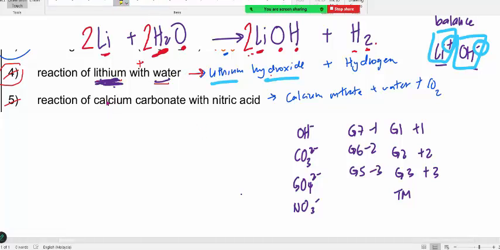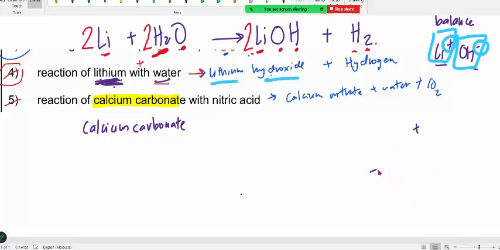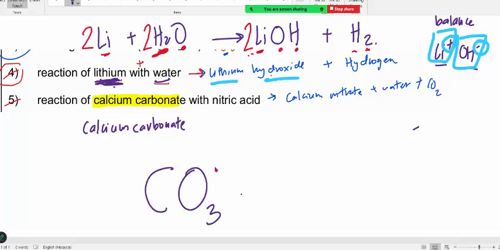Okay, now, calcium carbonate. You must write down the formula of calcium carbonate first. Teacher, is it CO3 with 3 positive? No, it is CO3 2 negative. Ca2 plus. Okay, nitric acid I taught you just now.